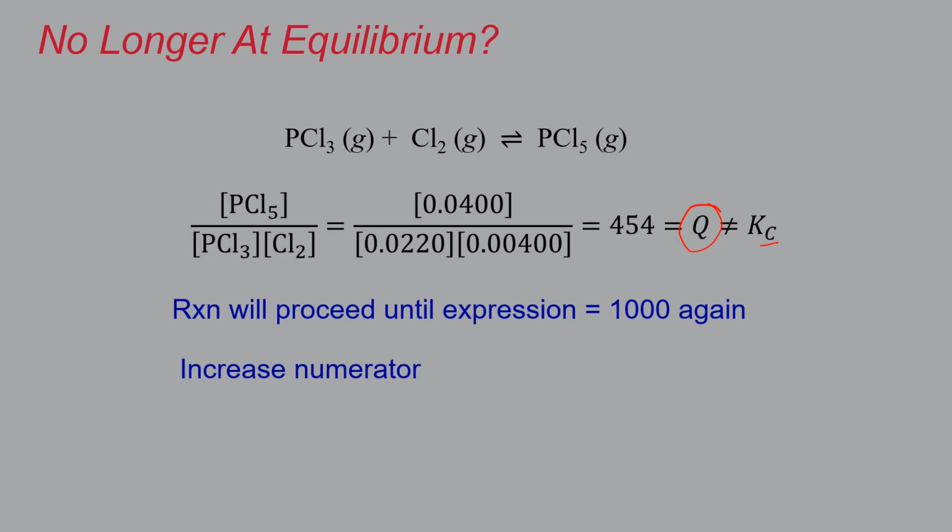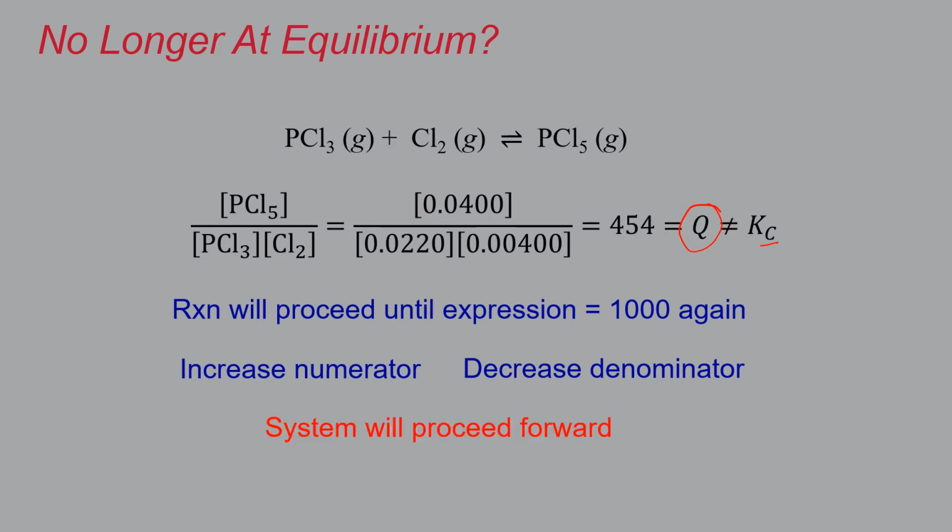So how do we need to do that? Well, that number needs to get larger because 1000 is larger than 454, which means that we need to increase the numerator and decrease the denominator. Remember that by the nature of this expression, these two don't happen separately. If you increase the concentration of the products, the reactant concentrations have to go down, and vice versa.